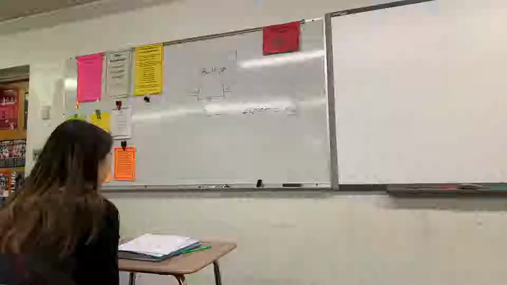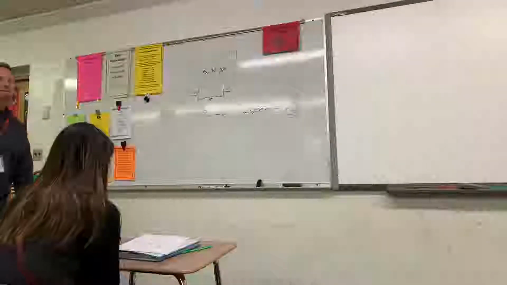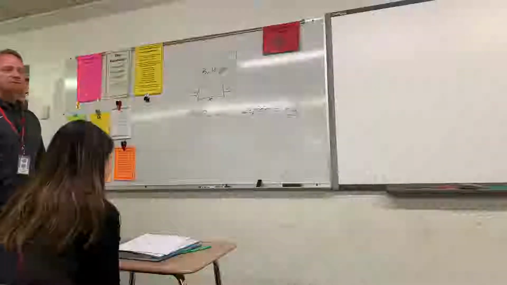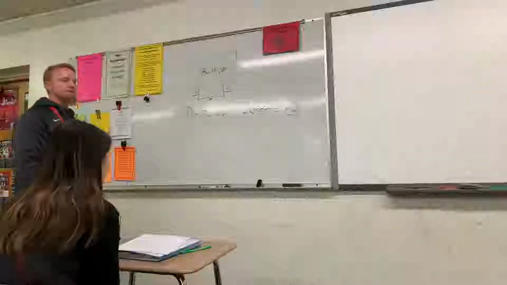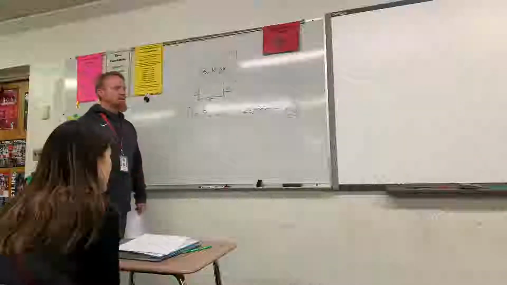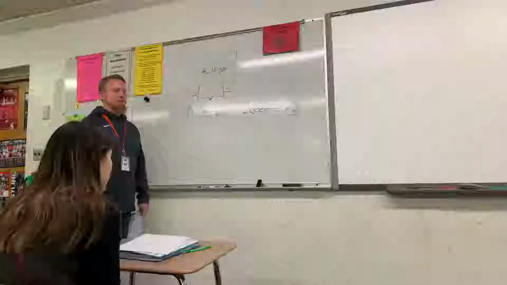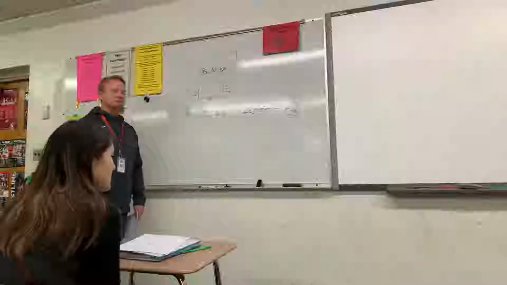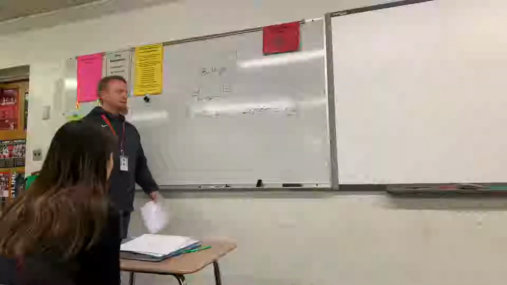All right, Zach, what's next? The problem's up here. Don't look at me. Look at the problem. Tell me what to do next. You should know what to do. Solve for x. On the 20,000. All right, why are you solving for X? Because it only has one. The other one's 2 items.